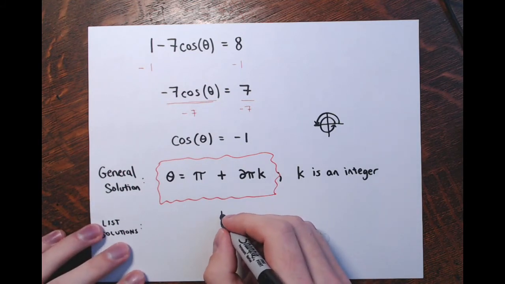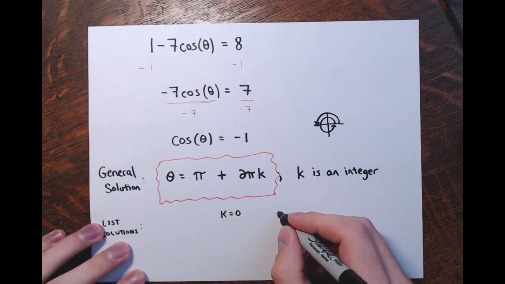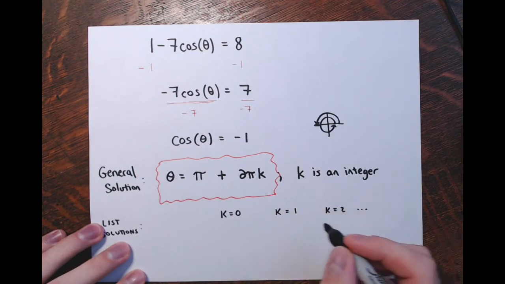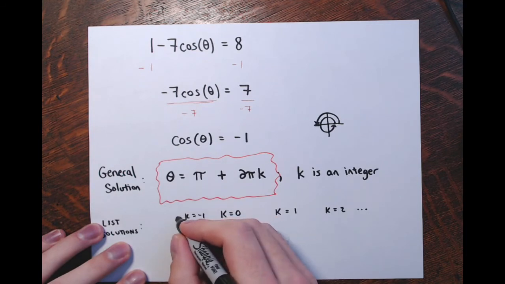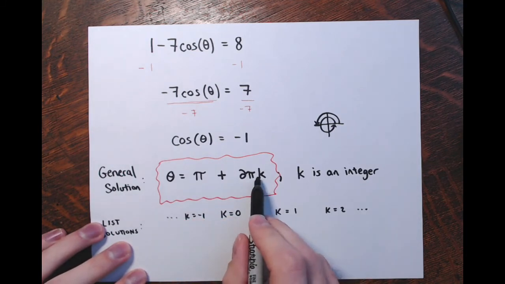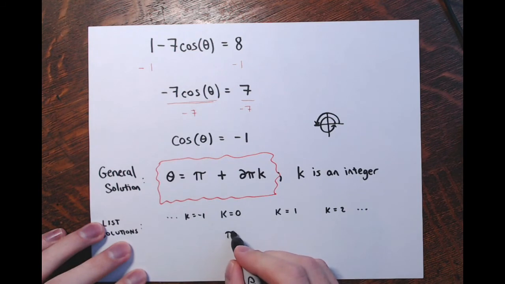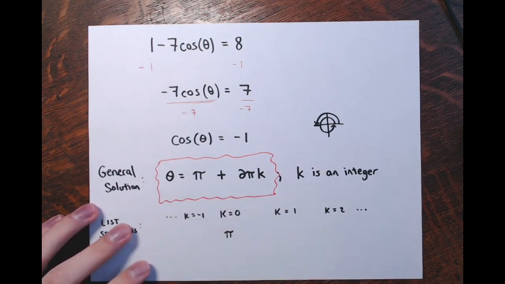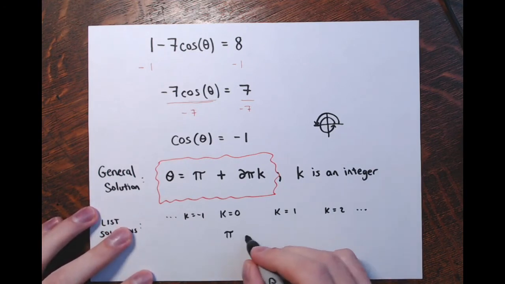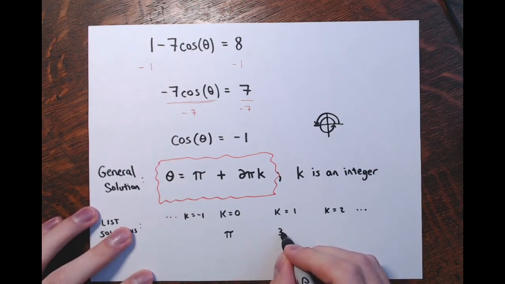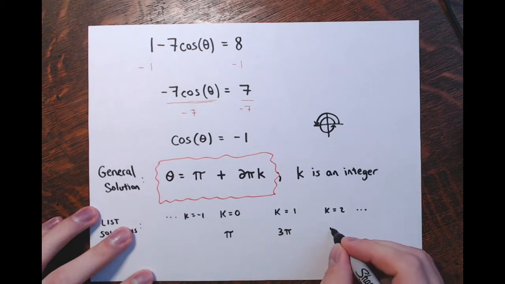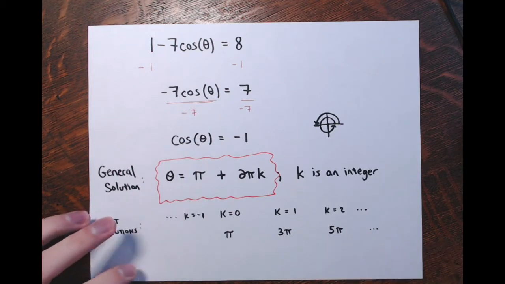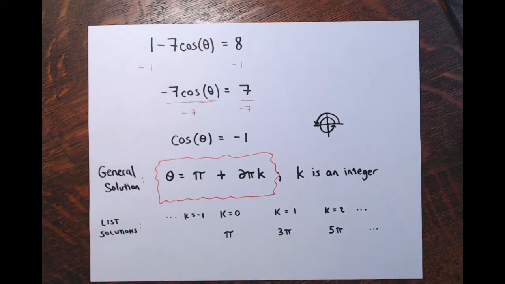Again, I like to put in different values of k: 0, 1, 2, k equals -1, and so on. When k equals 0, we're getting pi as a solution. Then going in both directions, I just keep adding 2 pi or subtracting 2 pi. Going this way, I'm adding 2 pi: 3 pi would be a solution, 5 pi, 7 pi, 9 pi, 11 pi, and so on.